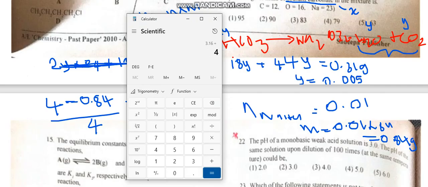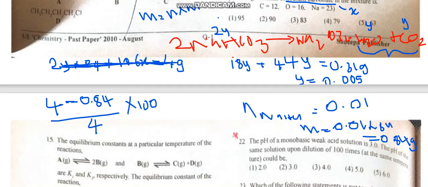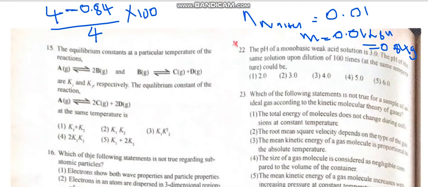You have to divide that by 4. It is 0.79. If you multiply by 100, it is 79. You can see exactly 79% is coming. So see, a small inorganic point is also linked with this calculation question. Therefore, we have to be very careful when we are handling redox. So the answer is the fourth one.